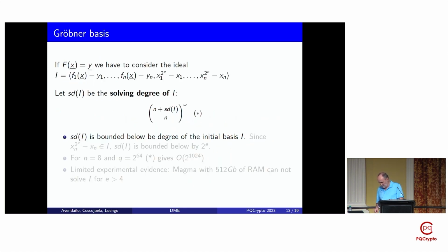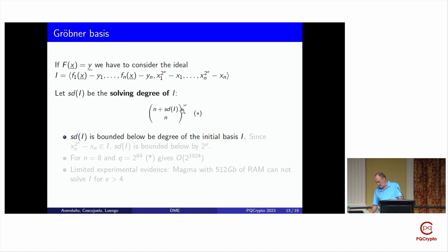And then for the security, a few more words. With respect to Gröbner basis, we have to have this standard ideal, and we have to at least estimate the degree of the complexity.